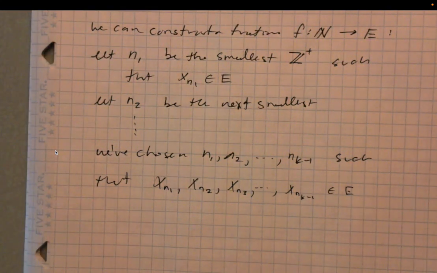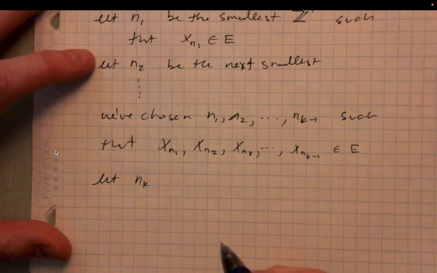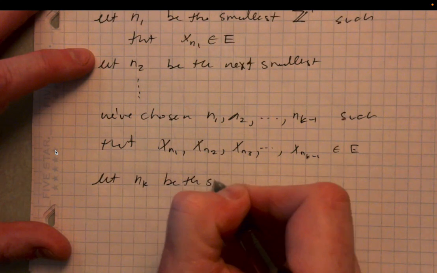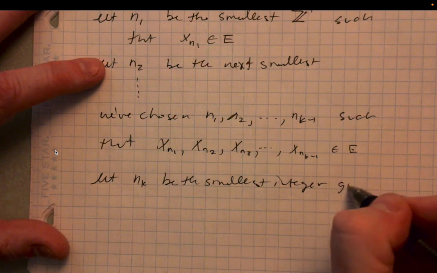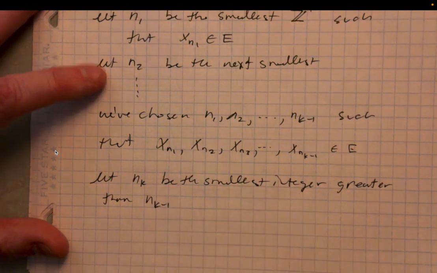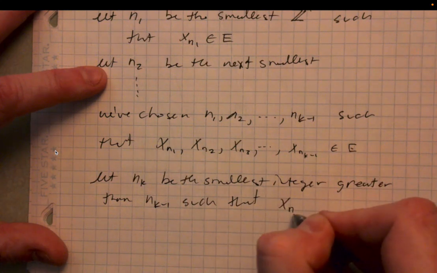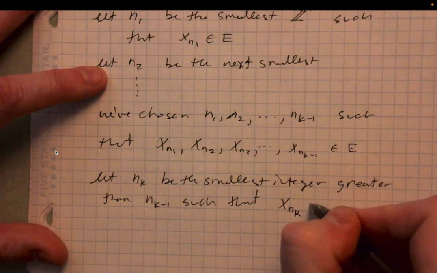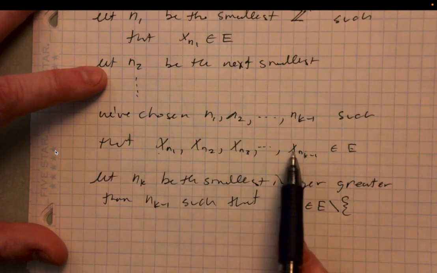And we've just sequentially pulled them out of this enumeration. Well, how do we pick the next element? We'll let n sub k be the smallest integer greater than n sub k minus 1, such that x of n sub k is in E, but it's got to be in E when all of these are removed.